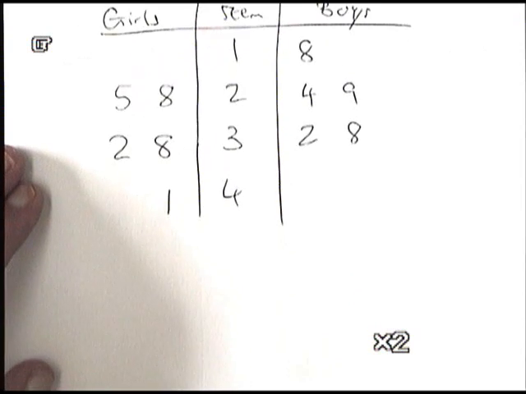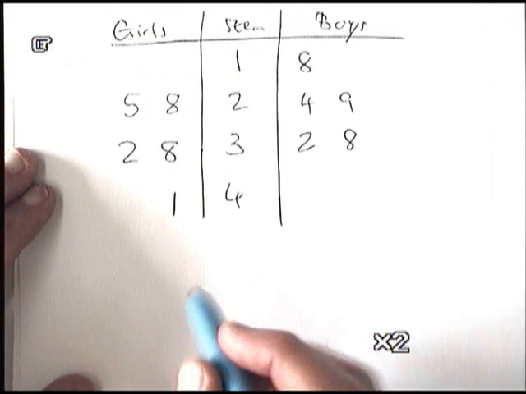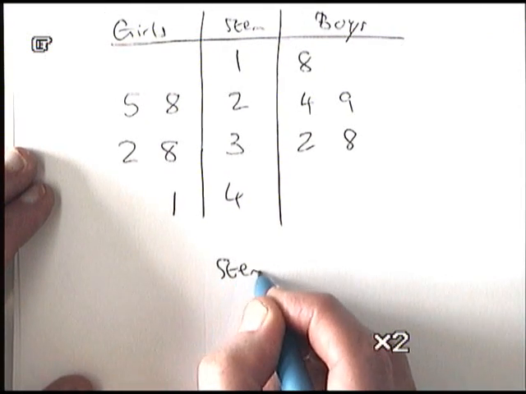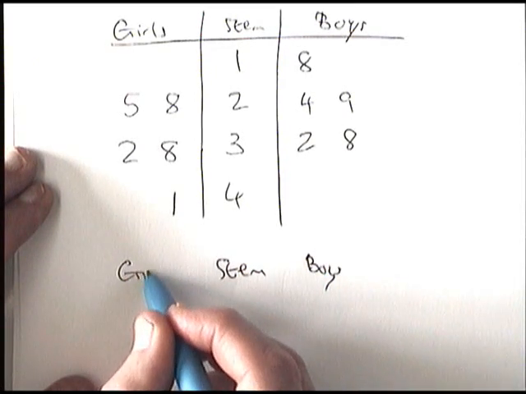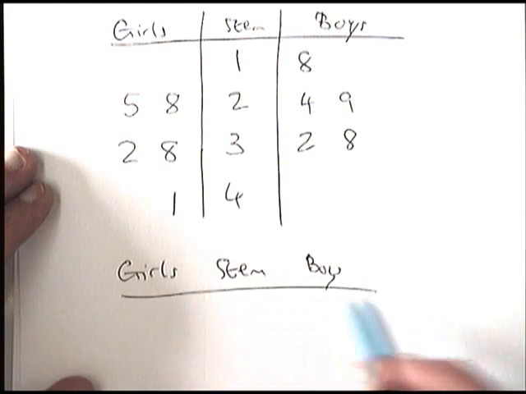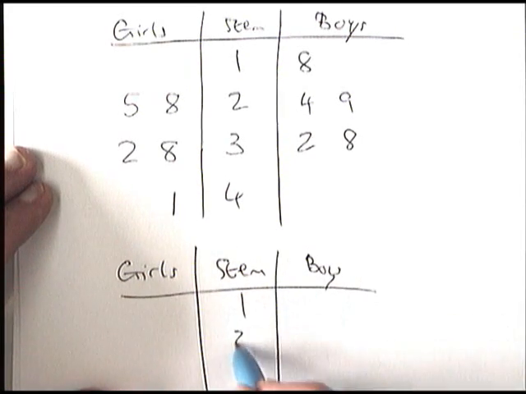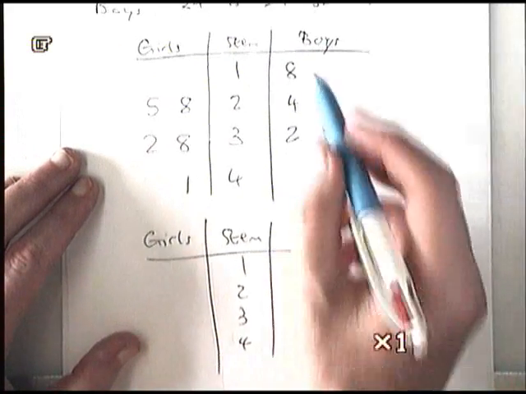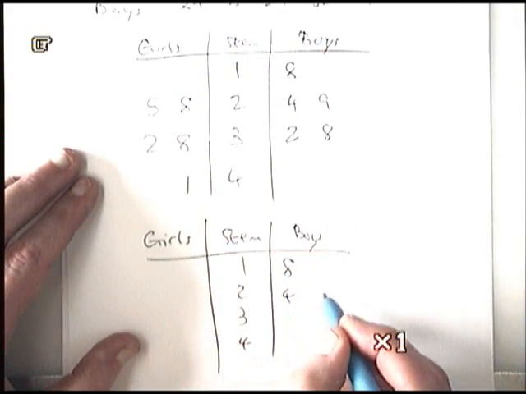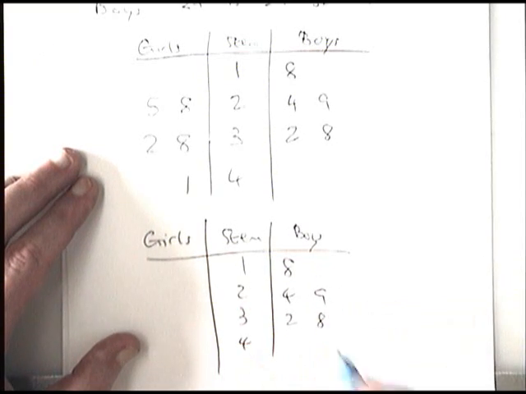Now, you probably wouldn't be surprised to find out that once you can do one of these, you can also do an ordered back-to-back diagram. So with the ordered one, you've just got to be a little bit careful. Let's just look at the boys' side first of all. Well, actually it is ordered. 8, 4 comes before 9, 2 comes before 8.